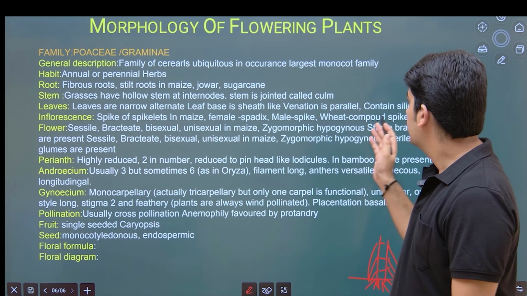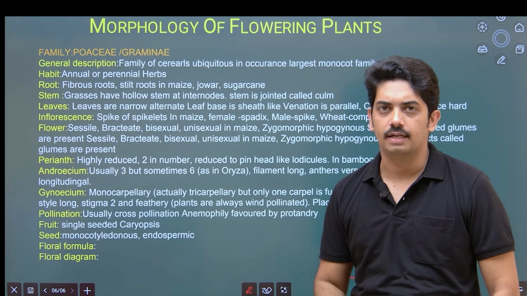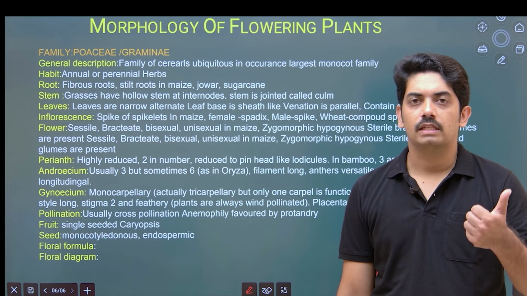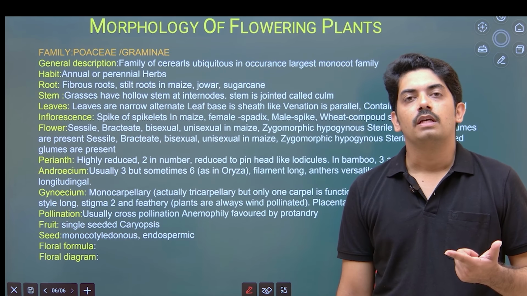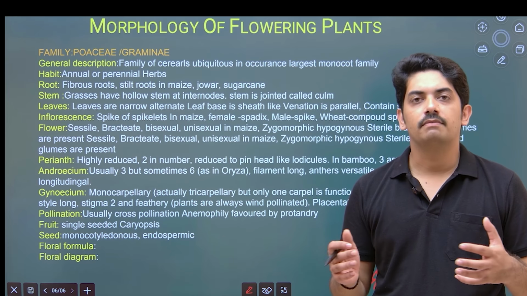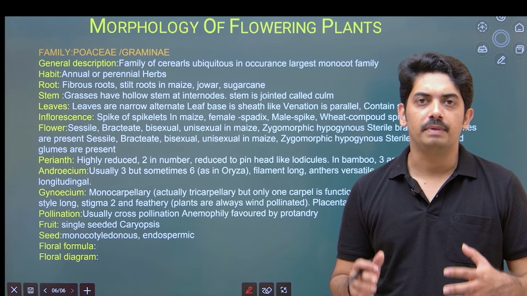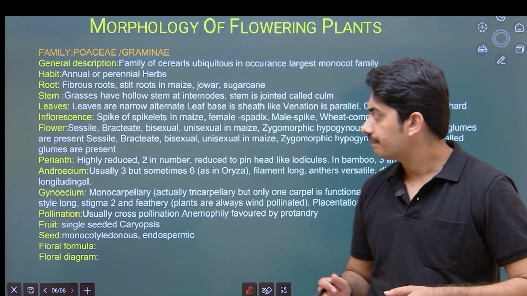Then there are some other characters like they contain silica and hence the leaves are hard. The very important character, that is parallel venation. Second thing, the base of the leaf, here it broadens and covers the stem, and that we call sheathing leaf base, a unique character of the family Poaceae.